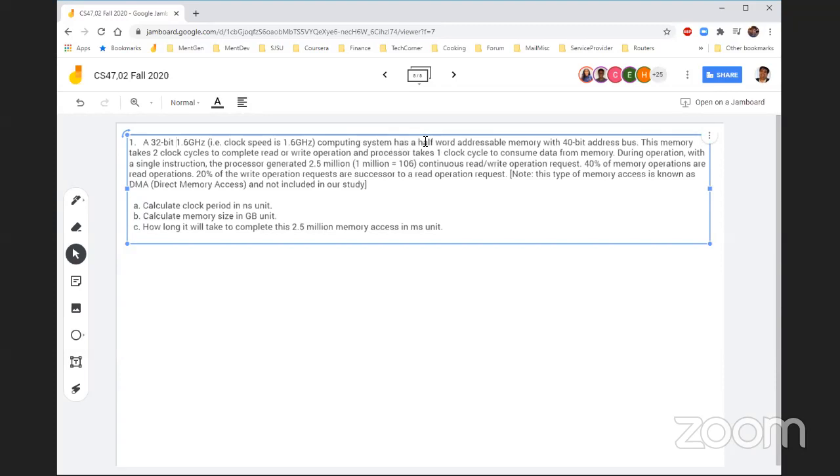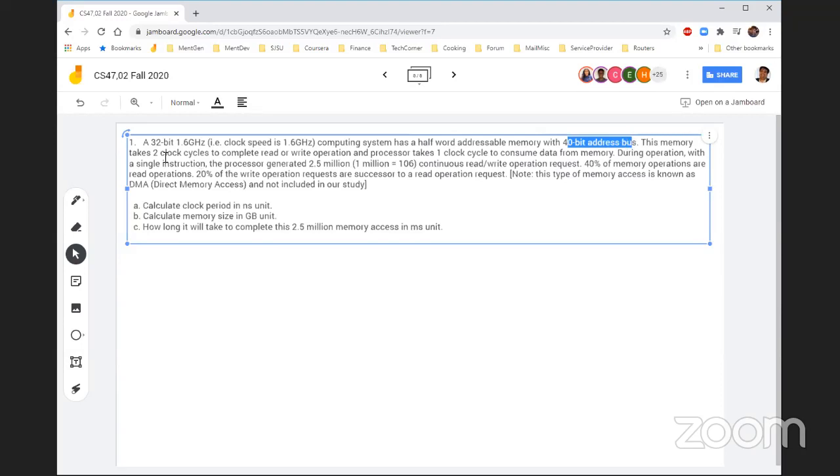The computing system has half-word addressable memory, which means each address contains a half-word amount of information, which is 16 bits, and a 40-bit address bus.